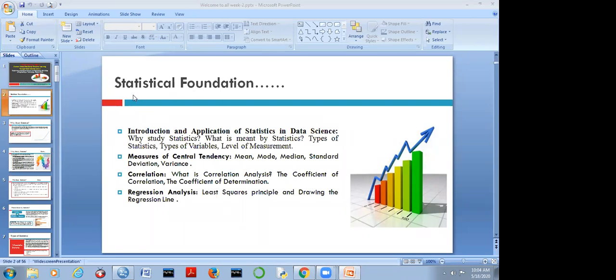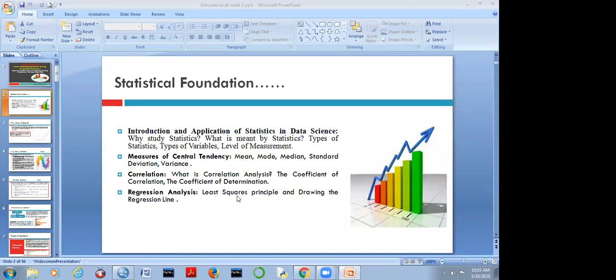So in the statistical foundation, we are going to give you a basic introduction and overview of statistics. The topic I am going to cover is the introduction and application of statistics and data science. Under this, we can understand why we study statistics, what is meant by statistics, types of statistics, types of variable, and level of measurement.